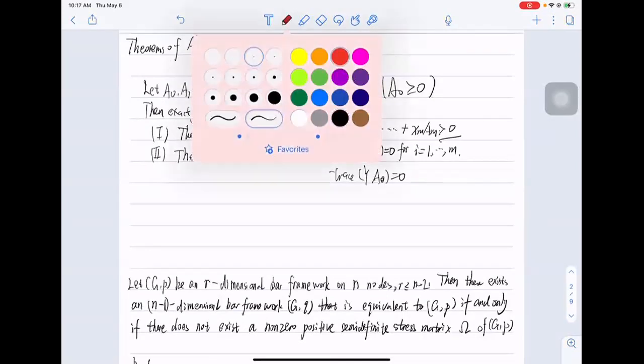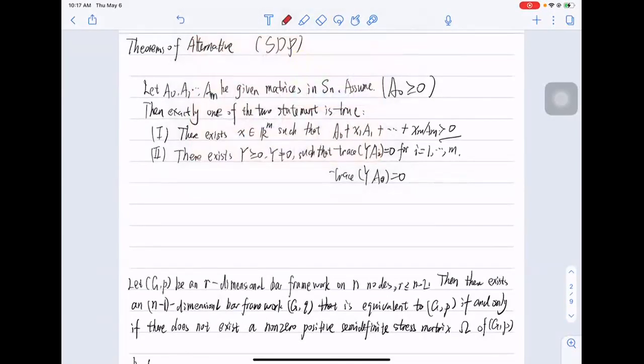First, it's obvious that these two statements cannot both be true.